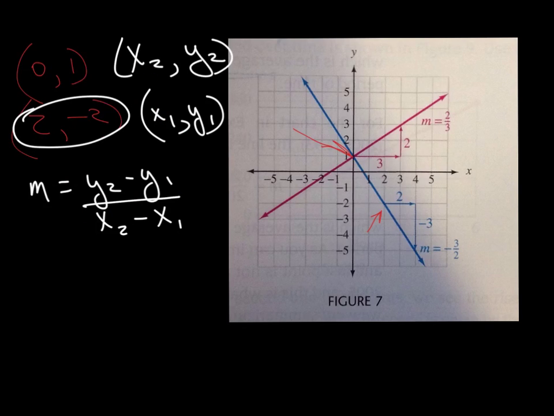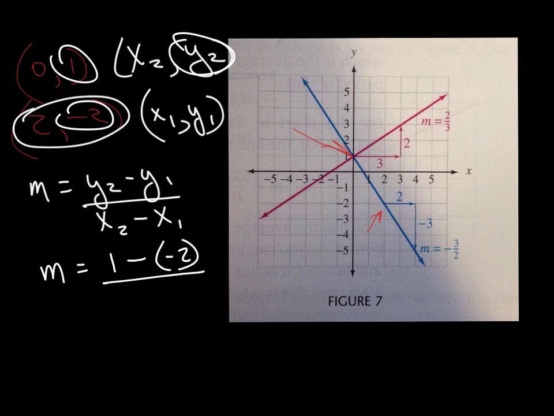So here's the formula. In order to find the slope, we take the y2, which is 1, right here, and we subtract y1, and y1 is negative 2.